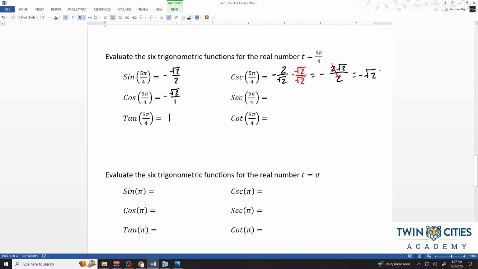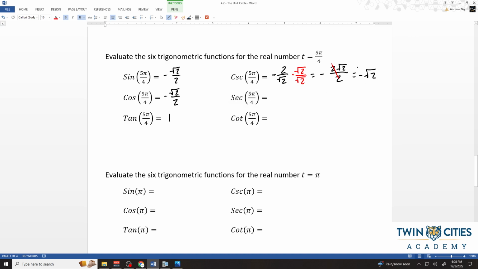All right, secant. Well, hold on a second. If the sine and the cosine are the same, oh, this should be a 2 here. If the sine and the cosine are the same, and I just found the reciprocal of the sine to get the cosecant, then I don't need to go through all that work again.